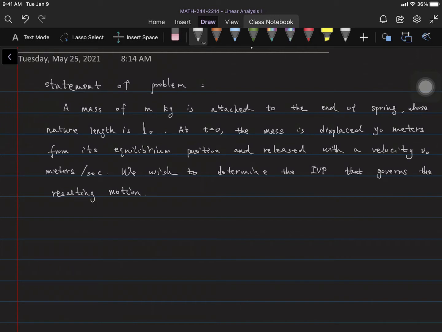Firstly, we have a spring. I'm going to draw the graph, and it looks like this. The natural length is L0.